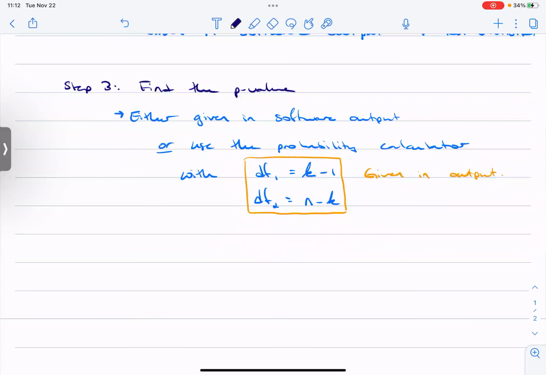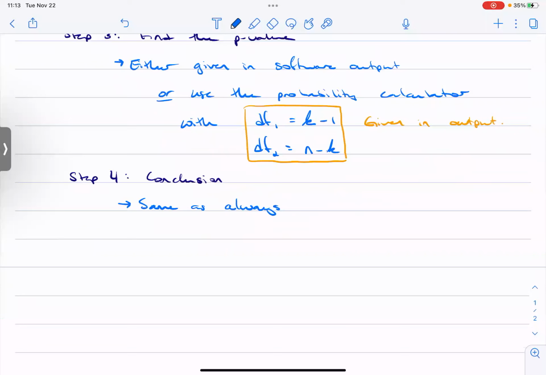Step 4 is the conclusion, which is the same as always. I know, I never tell you what it is. What is same as always?